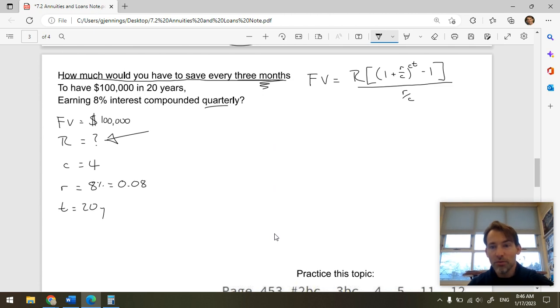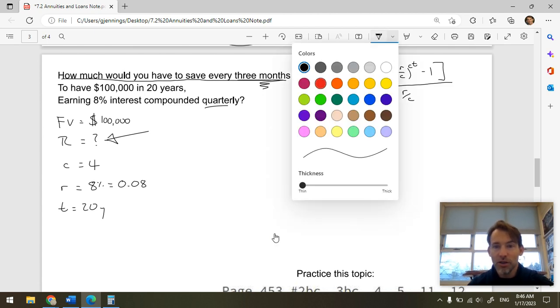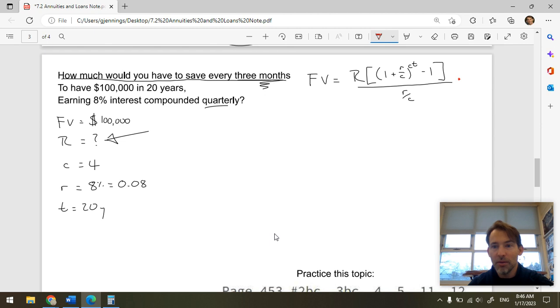So the first thing I'm going to do is multiply. Let's get our inverse operations pen out. Going to multiply by the thing on the bottom, r over c, and we're going to do that on both sides. So we're going to have here future value multiplied by r over c. And then we're going to divide both sides by, well, I'll show you in just a second.